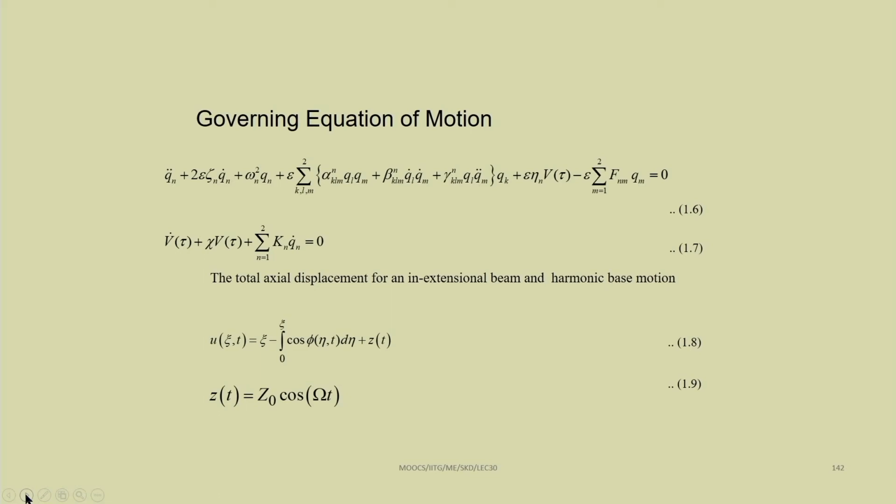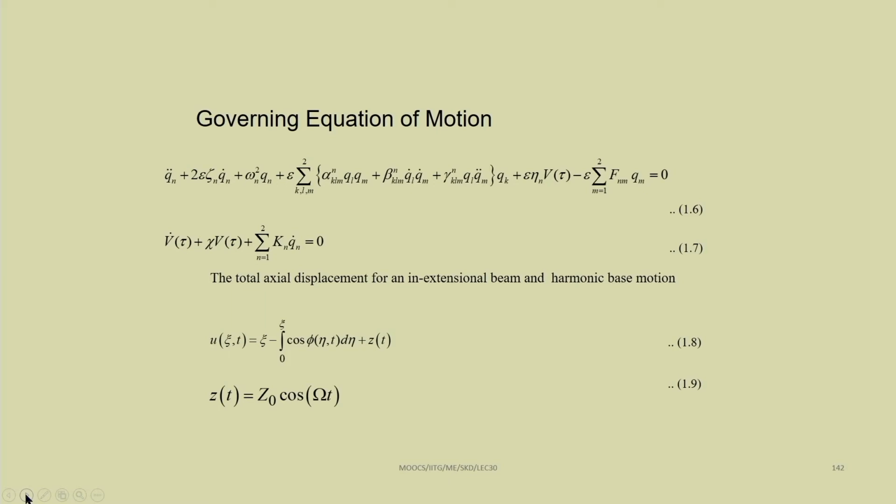If we are taking only 2 modes, then this k j m will vary from 1 to 2: alpha k element q l q m, then beta k element q l dot q m dot, then gamma k l m n, so q l q m double dot into q k. So, outside, this q k is written. This shows that these are cubic nonlinear terms we are taking.